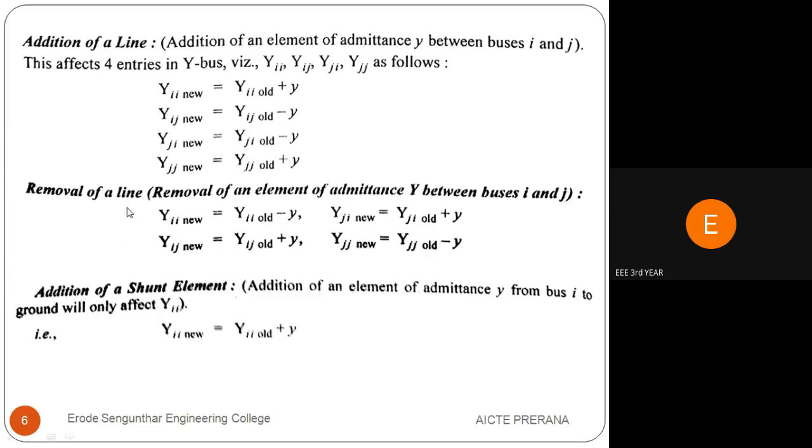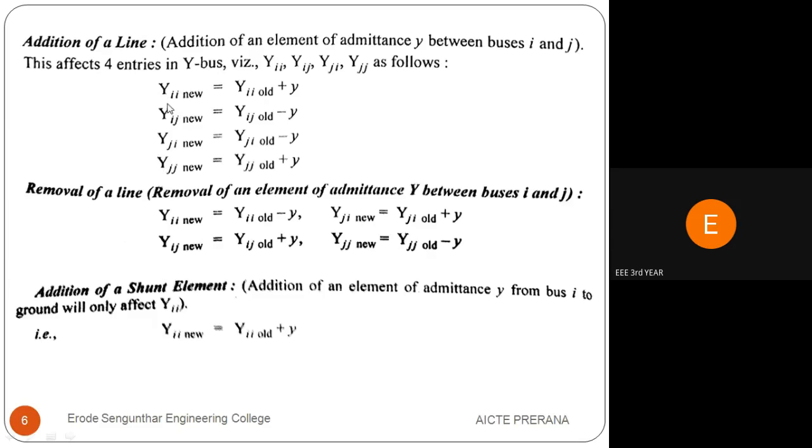So here Yii new is equal to Yii old plus Y, and Yij new is equal to Yij old minus Y, and Yji new is equal to Yji old minus Y, and Yjj new is equal to Yjj old plus Y.